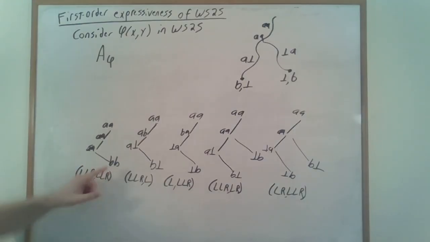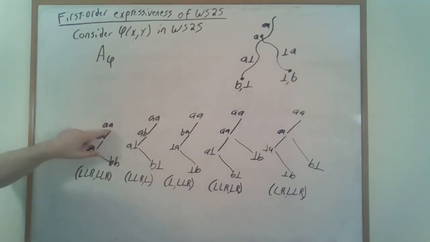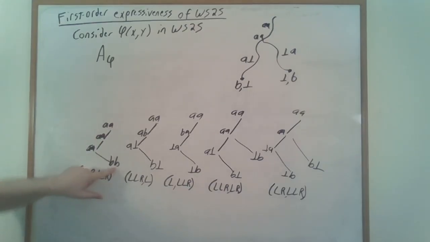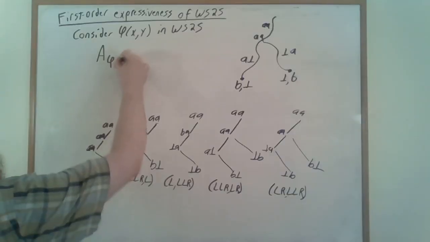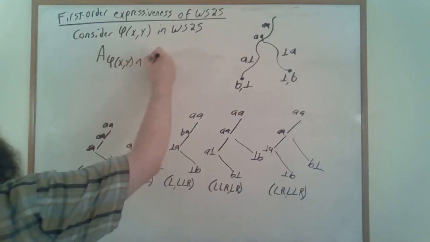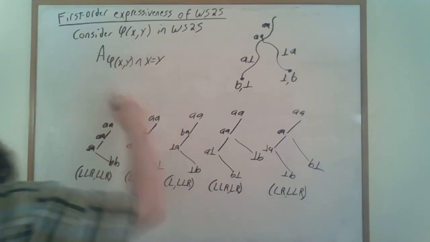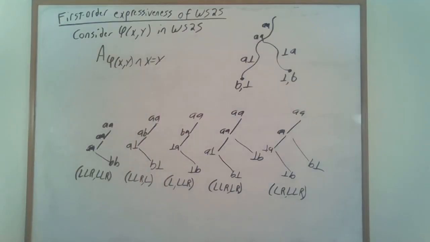Well, this is exactly the problem that we already solved, except we've replaced the character A with the character AA and the character B with the character BB. And that's kind of what we expect, right? If we're building an automaton for the predicate a sub phi of xy, and x is equal to y, we're really just building an automaton for the predicate phi of x.